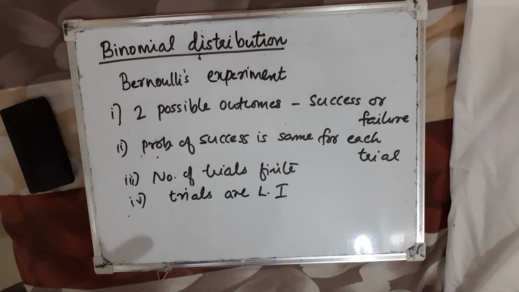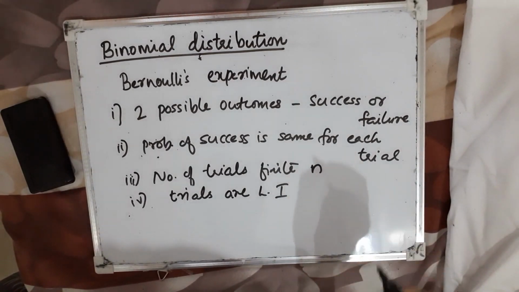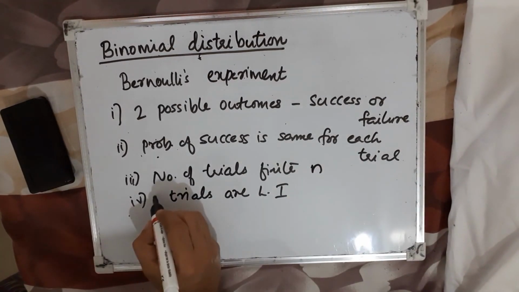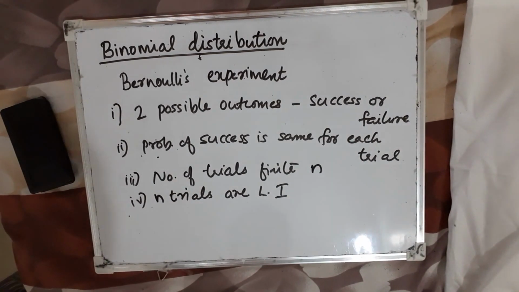The second is that the probability of success for each trial is the same, or the probability of failure for each trial is the same. The number of trials must be finite, that is, we can take it as n, and the n trials must be independent. A Bernoulli's experiment satisfies these four conditions.